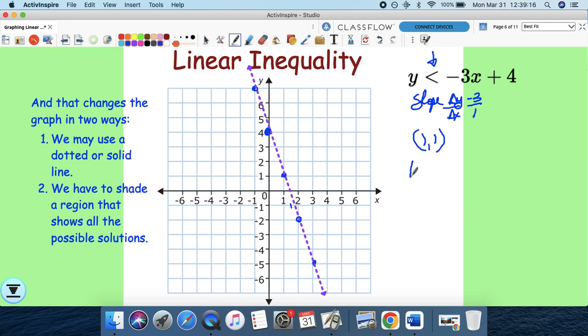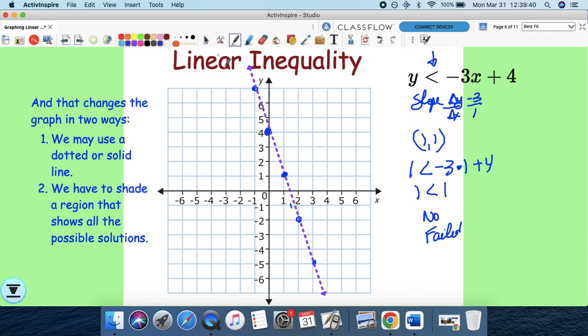So we're going to go 1 less than -3 times 1 plus 4. 1 is less than, that's a times by the way, -3 times 1 is -3 plus 4 is 1. Is 1 less than 1? No. So it failed. So the point on the line failed, and that means all the other points on the line fail.